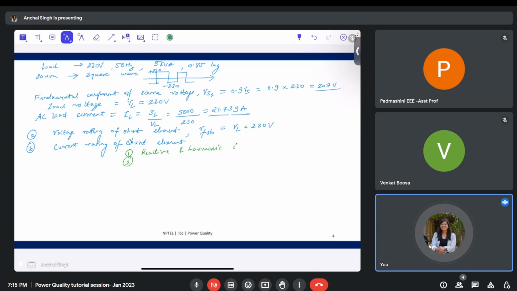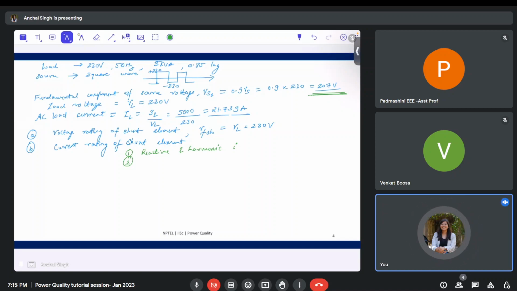Now, the second component will be due to the fact that we just saw that the fundamental component of our source voltage, that is Vs1, is 207 volts. And we want our load voltage to be 230 volts. Now, there is a difference in the voltage, right?